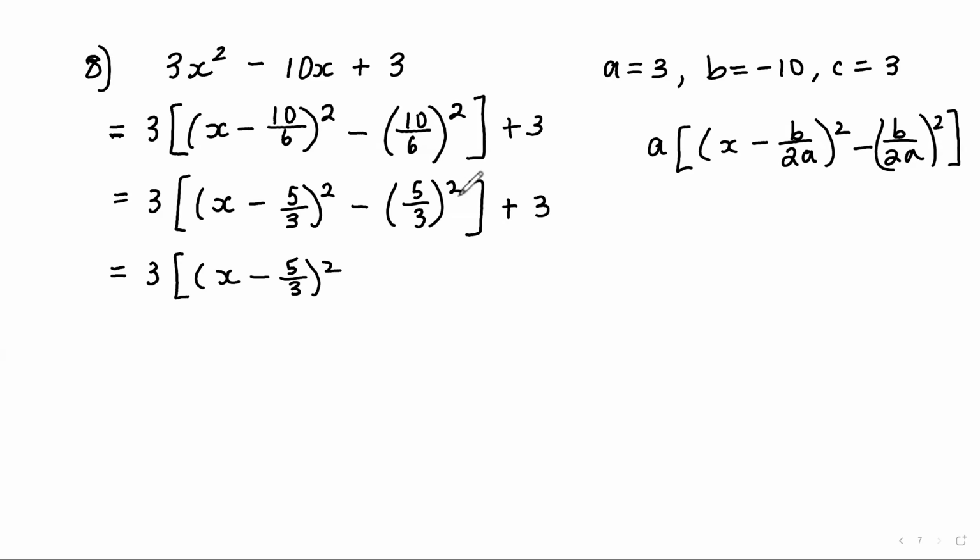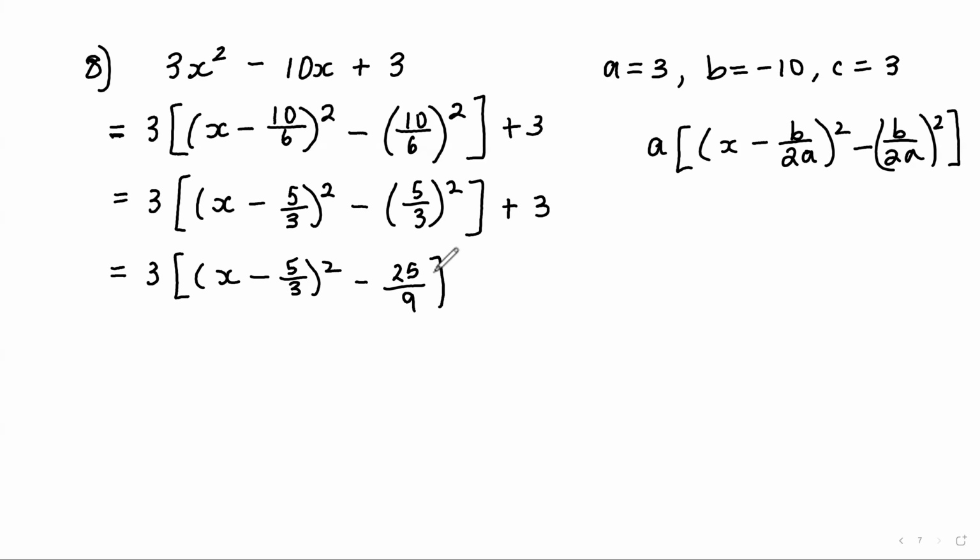But now I need to remove these. Well, I need to square 5 over 3. So I square the numerator and the denominator. So what would that fraction become? 5 over 3 squared will become what? 25 over 9.